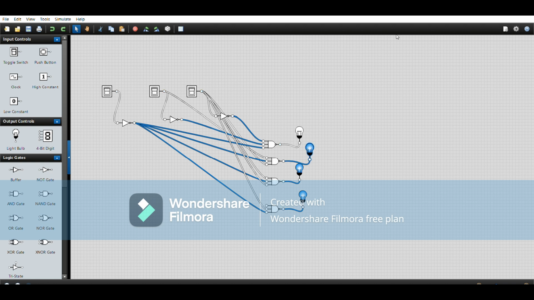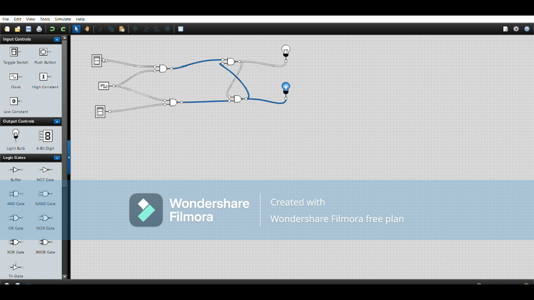In this, we have given only 2 inputs, but it decodes them into 2 power 2, that is 4 output lines. We have successfully completed the implementation of decoder.